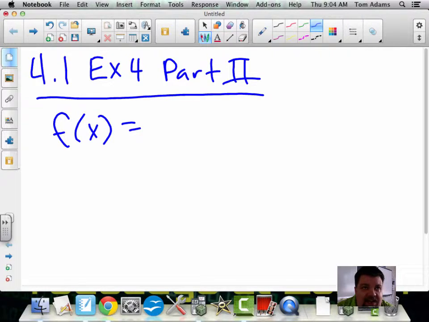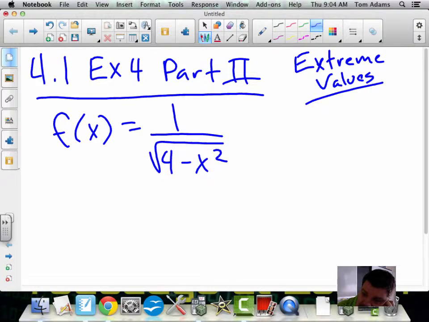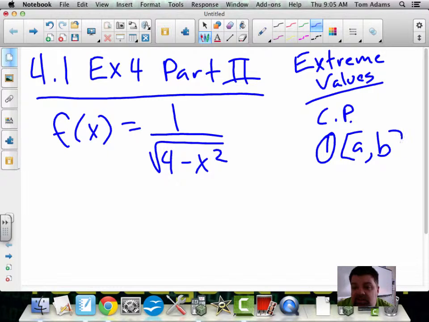So f prime and f are undefined when x equals 2 and negative 2. And so just to recap what we're doing, when we go to find the extreme values of any function, the first thing we do is consider the domain, the closed interval that we're looking at, and we found those values to be negative 2 and 2.